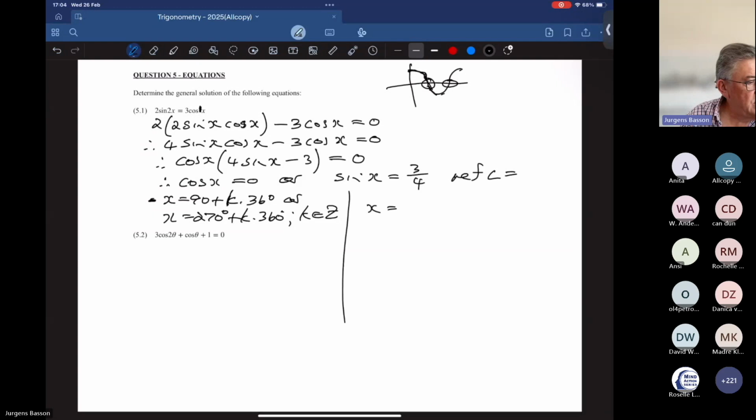If you guys can maybe just double check for me, but I think my reference angle is 48,59.